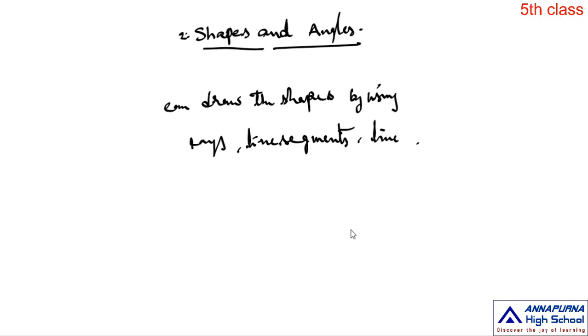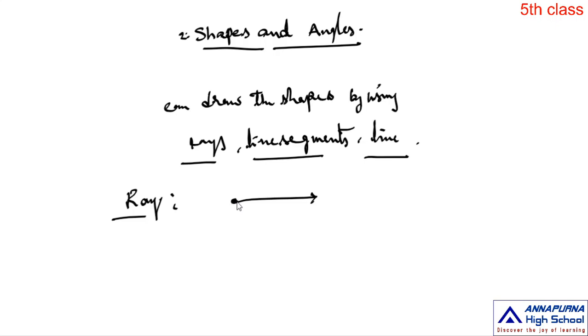In the previous class, you have learned about the rays, line segments, lines, and angles. So let me recall one by one. So what is a ray? Ray means it has one endpoint. So this is called the ray.